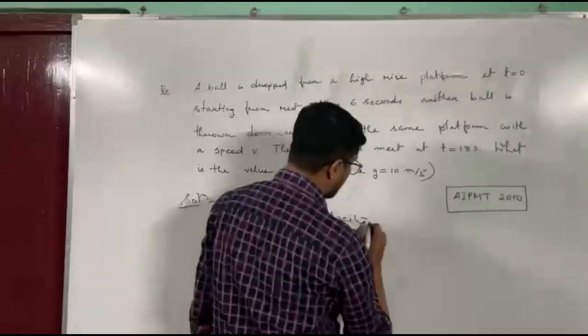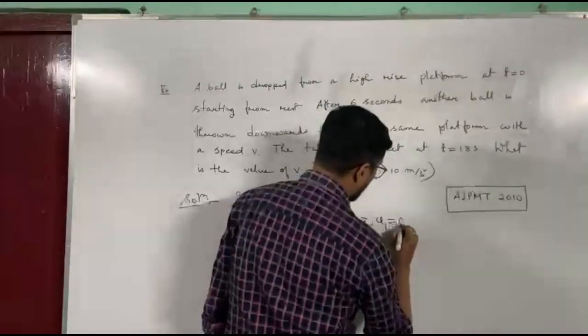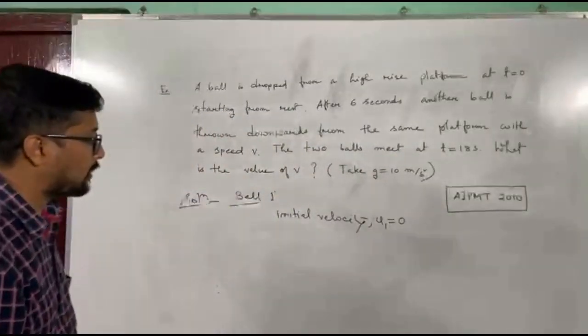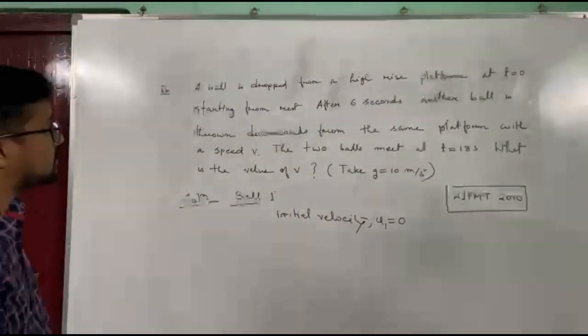Let us give it a name. Let us say u1 is 0. The initial velocity of ball 1 is 0.